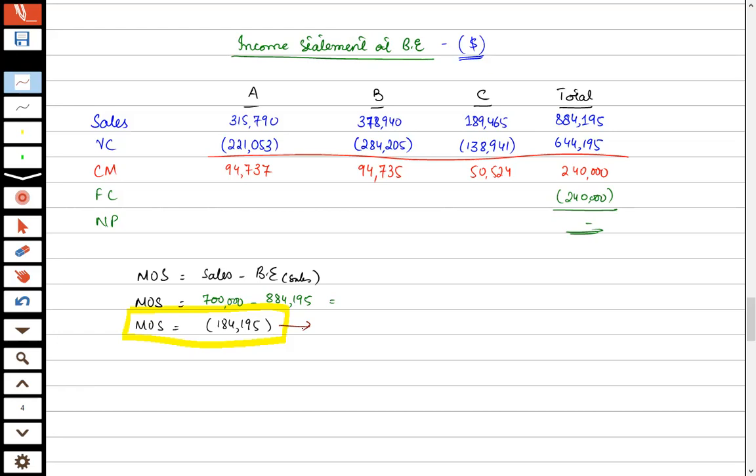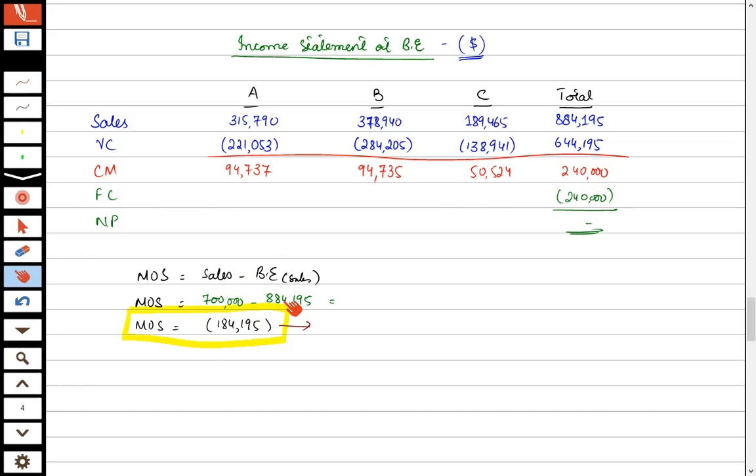Correct, to some extent, very good thinking. What this is showing us is that we are at the current level of $700,000 sales, and we are trying to get the break even sales, that is earning no profit and no loss. To get break even, we have to increase the sales, not decrease the sales.